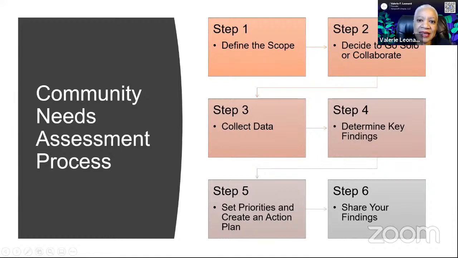Step 3 is to collect data. Step 4 is to determine key findings. Step 5 is to set priorities and create an action plan. And step 6 is to share your findings. And this process perfectly sets the stage for developing your theory of change.